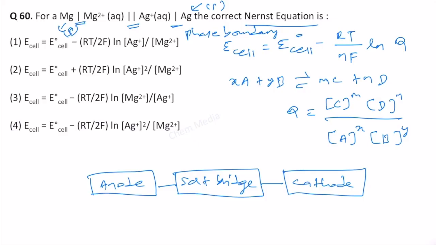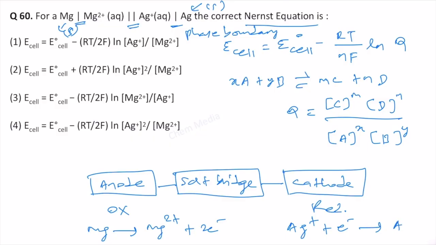We know that whatever be the cell, it is always anodic oxidation and cathodic reduction. Therefore, the half cell reaction that is happening at the anode is magnesium losing 2 electrons and giving Mg2 plus, and the half cell reaction happening at the cathode is Ag plus gaining an electron and becoming Ag solid. Now, 2 electrons are involved on the anode side.